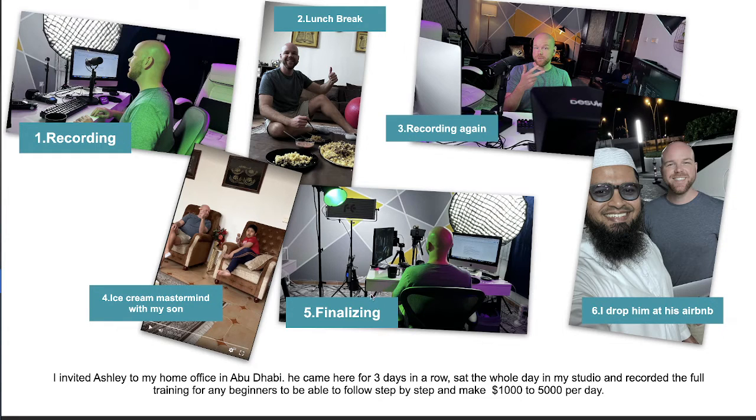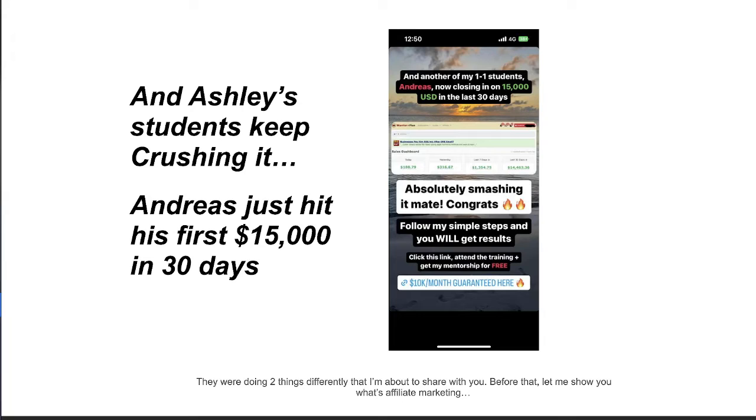Then we finalized, and at the end of the day, like 9 to 10 p.m., I dropped him to his Airbnb. And during the daytime, we sat together and we planned how to make it so simple, so easy, so awesome. In the meantime, Ashley's other students like Andreas made $15,000 in just 30 days. So the awesomeness was going on.